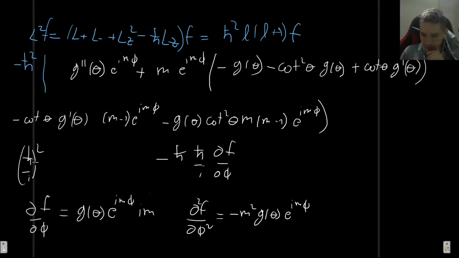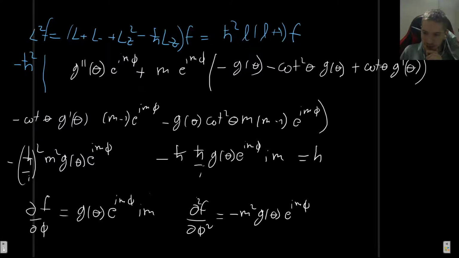So this is going to be minus m² g(θ) e^{imφ}, and then the first derivative is simply g(θ) e^{imφ} times im. And all of this, remember, has to be equal to ħ² l(l+1) times f, but f is g(θ) e^{imφ}.